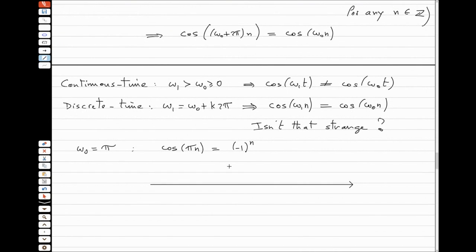So if you plot this, you get a sequence like that.